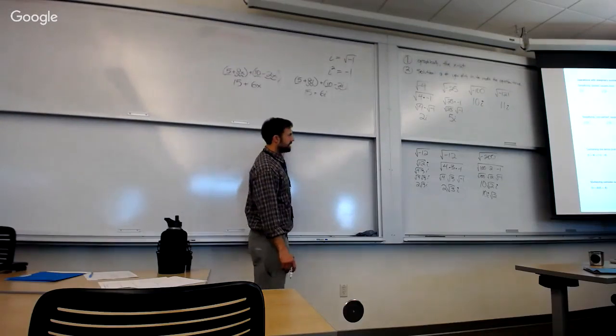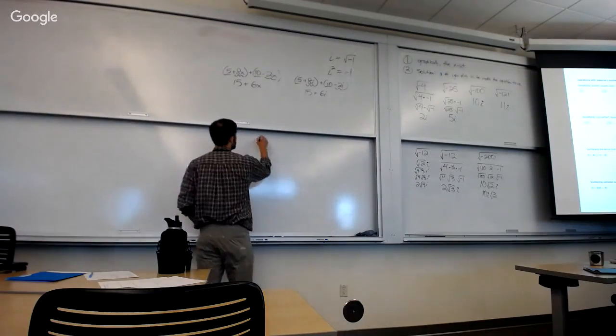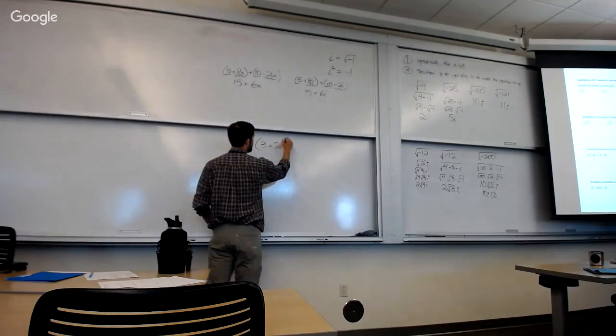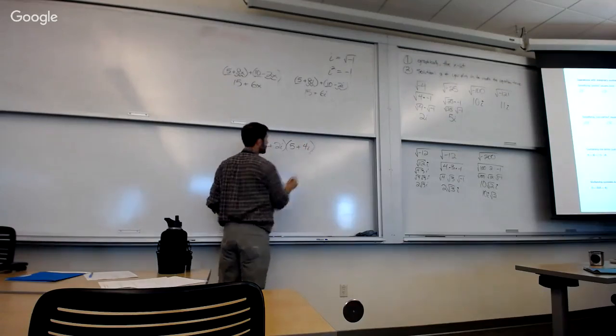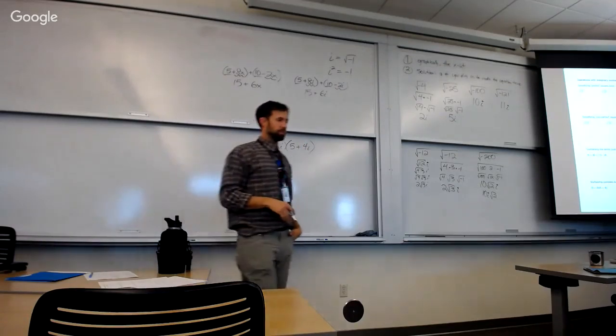So everyone do the first FOIL problem with me. We have 3 plus 2i times 5 plus 4i. Go ahead and do FOIL just like you would do FOIL with x.